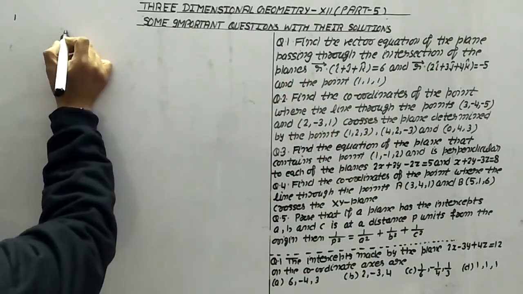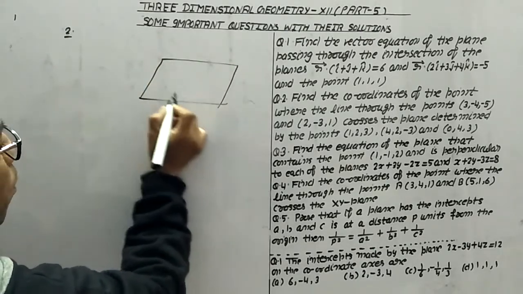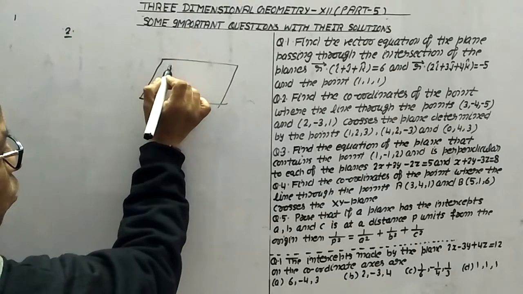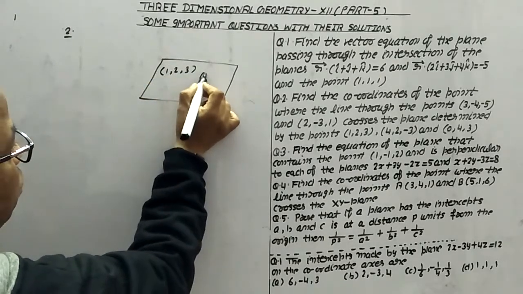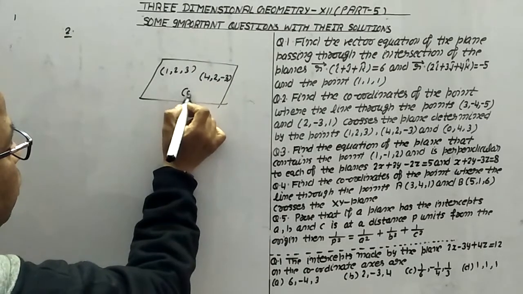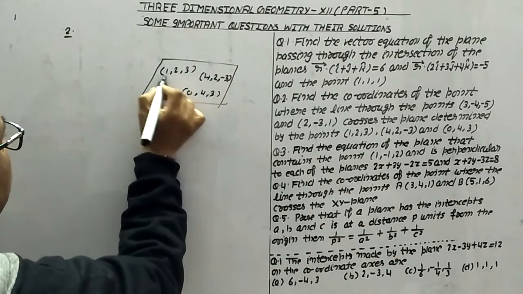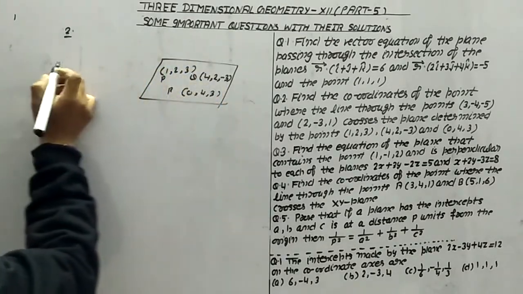In this question we have a plane determined by the points (1, 2, 3), (4, 2, -3) and (0, 4, 3), roughly like this structure. Let us suppose these are P, Q, R.